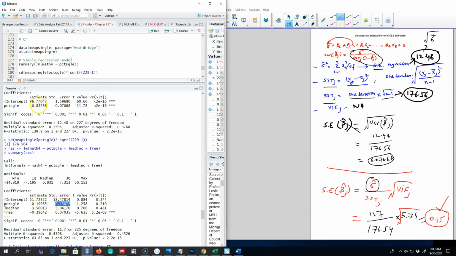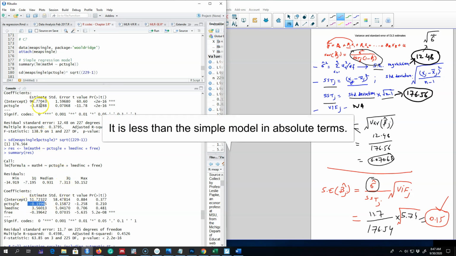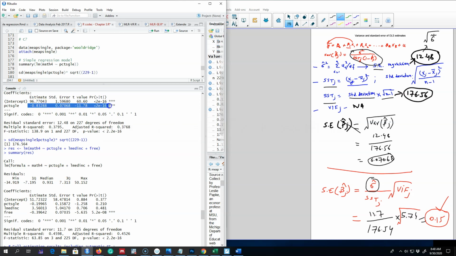So what is happening with the coefficient value? The coefficient value is actually less than before. It seems that in our simple model there was an upward bias in our estimated slope coefficient, but when we include other variables in the model, it brings this coefficient of interest to a lower value.